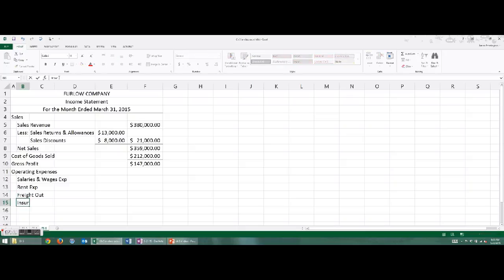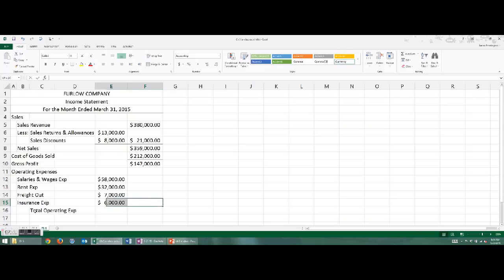And insurance. All right, we get total operating expenses.